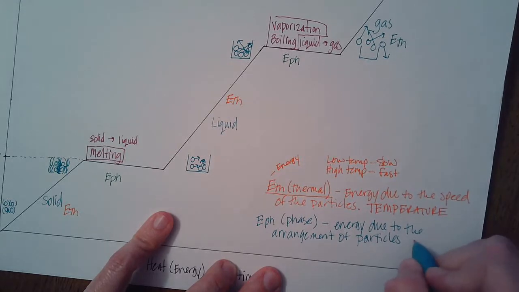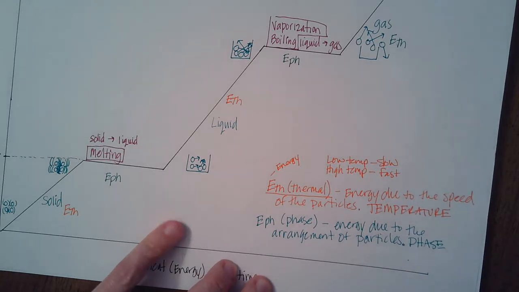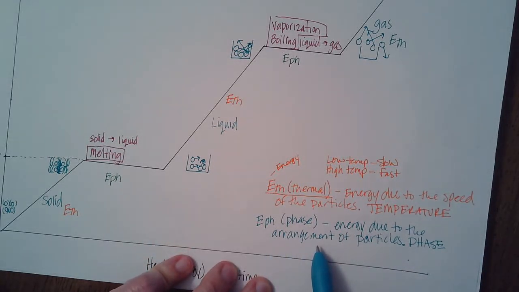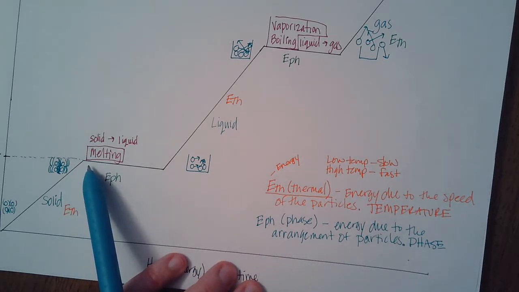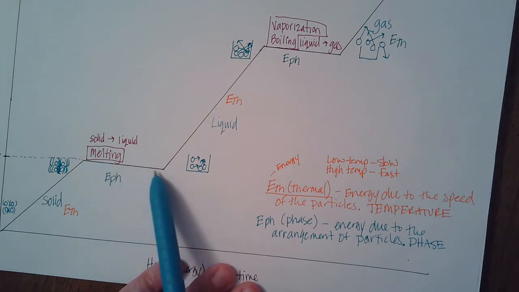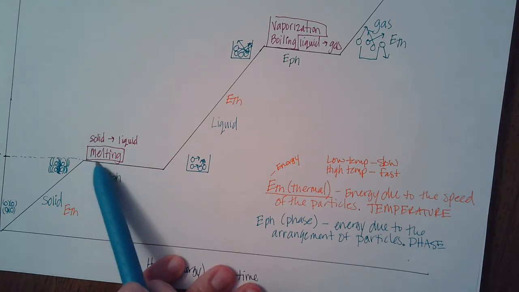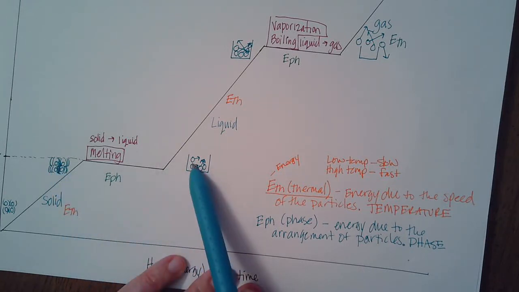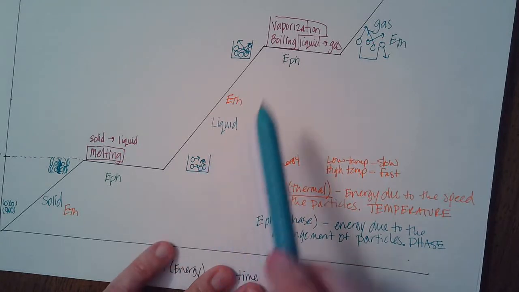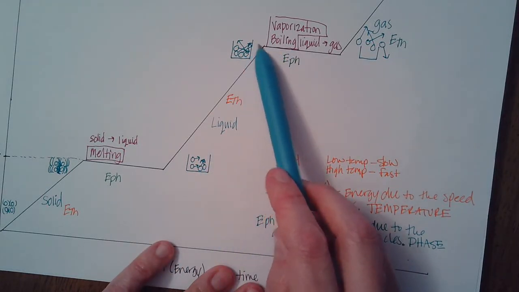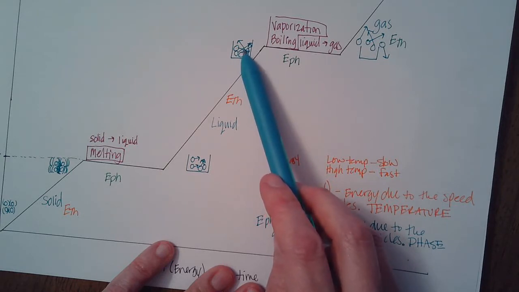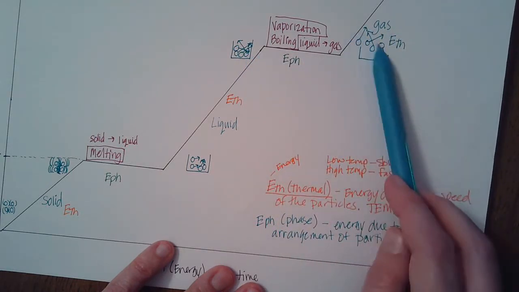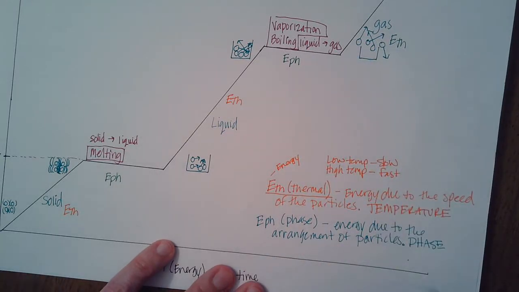And this is phase. So what do I mean by the arrangement? What I mean by that is when we're melting, the temperature is not rising because this energy is breaking apart the molecules from a solid to being able to move like a liquid, or it's breaking apart the molecules of a liquid to be able to become a gas and leave over here.